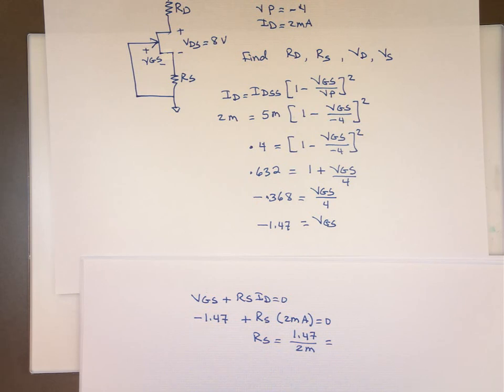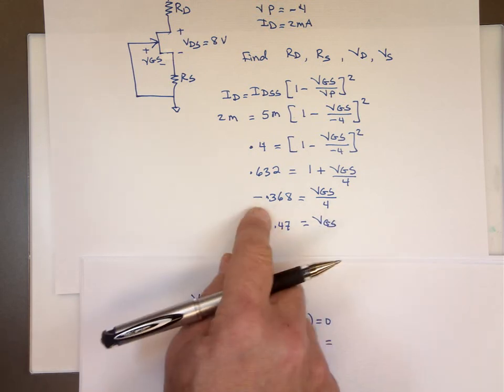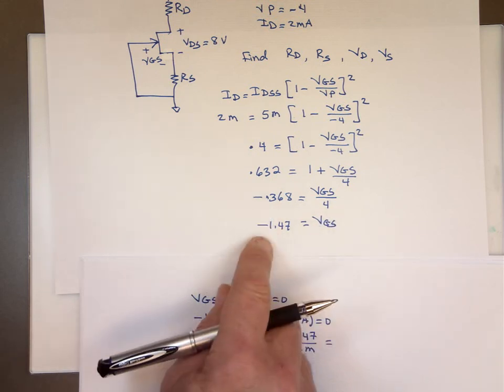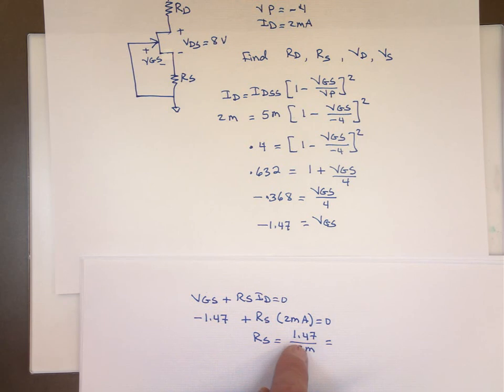The milli is gone here: 1.47 divided by 2 times 10 to the negative 3, which is 735.